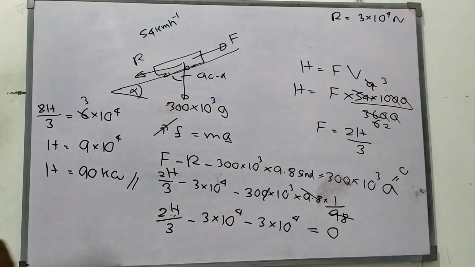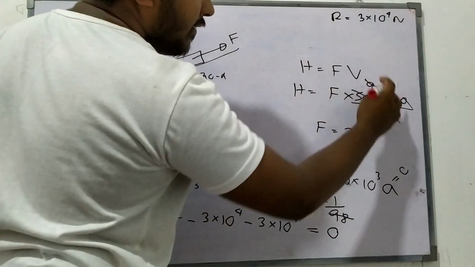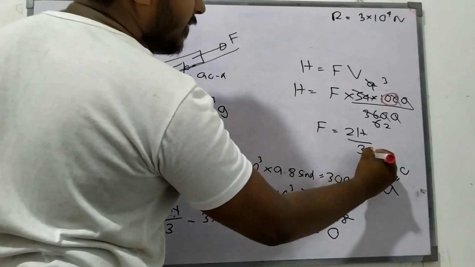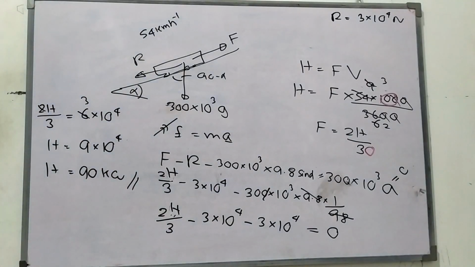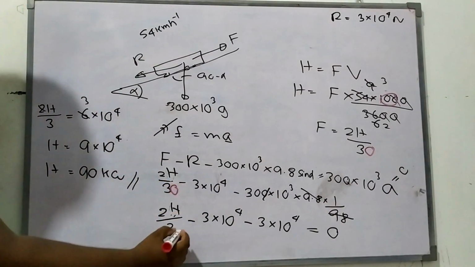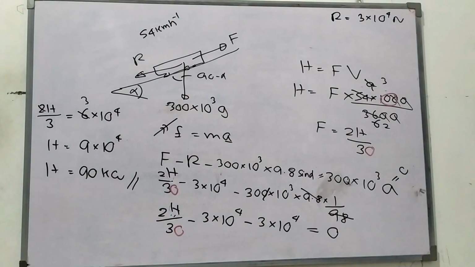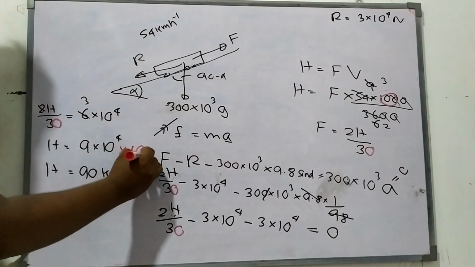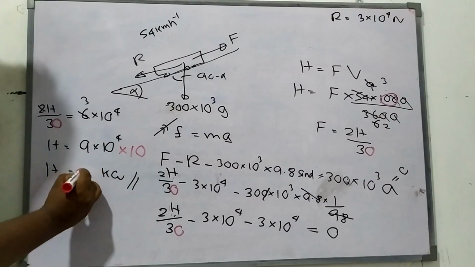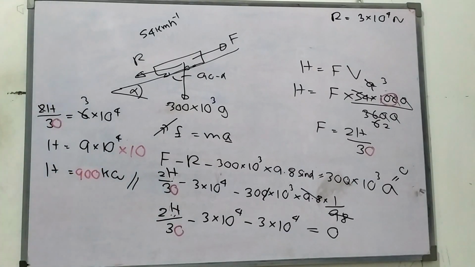Actually over here, right? So over here, it's 30, right? It's 30. Alright, so 30 and then another 10. 910 kilowatt.